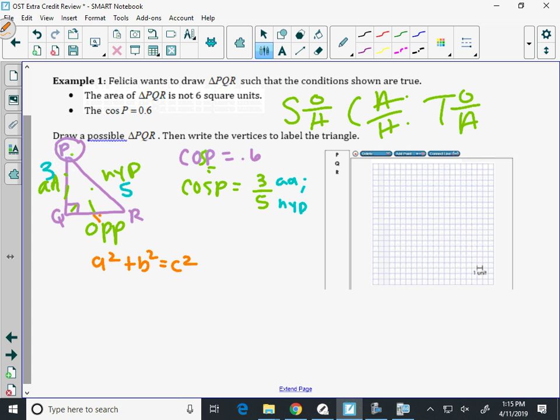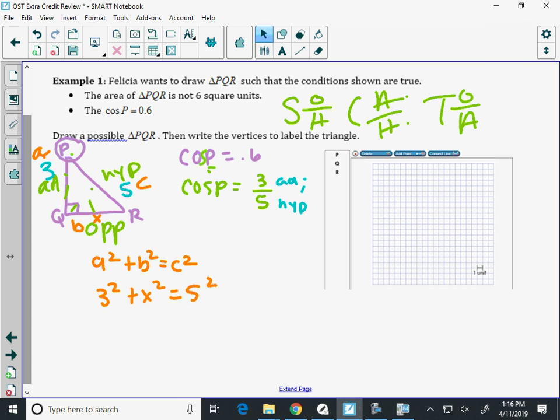Whenever you have a missing side of a right triangle and you know 2 of the sides, you use the Pythagorean theorem. Your hypotenuse is always your C. It doesn't matter, make one side your A and one side your B. So we have 3 squared plus x squared equals 5 squared.